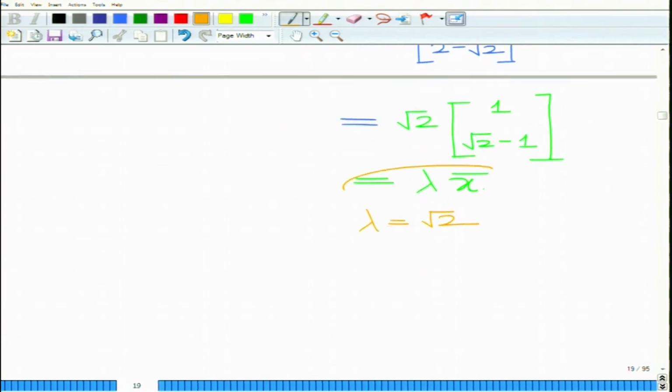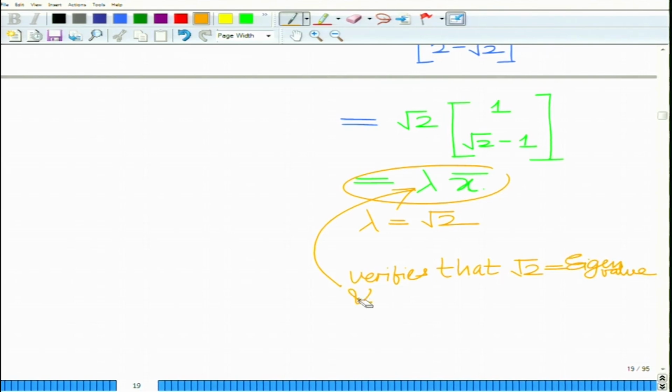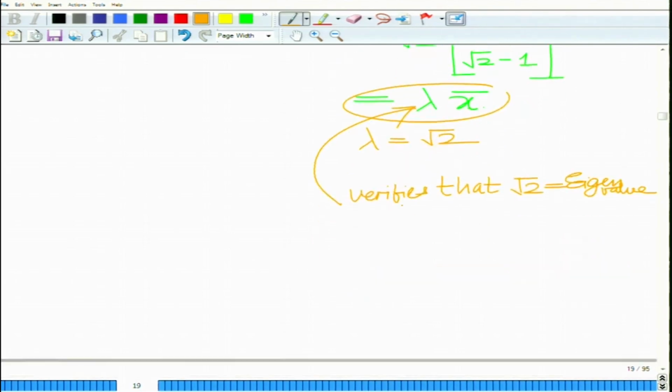So, this verifies that square root of 2 is the eigenvalue, and that 1, square root of 2 minus 1 is an eigenvector, okay.